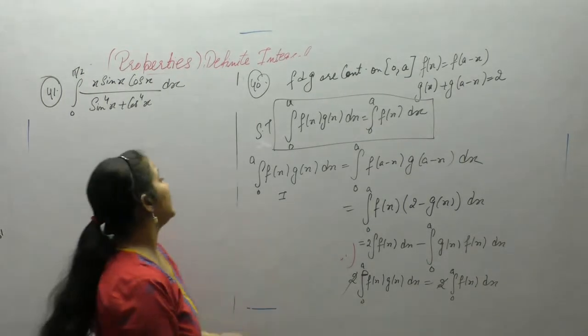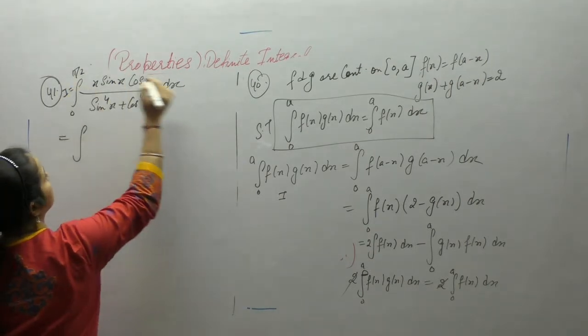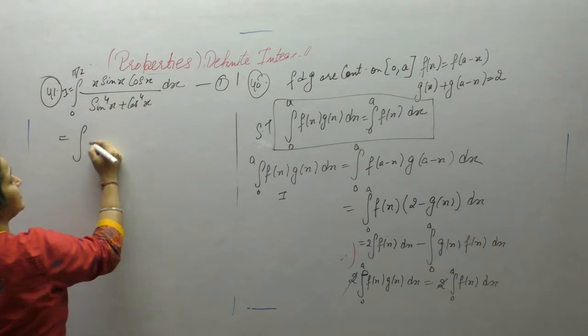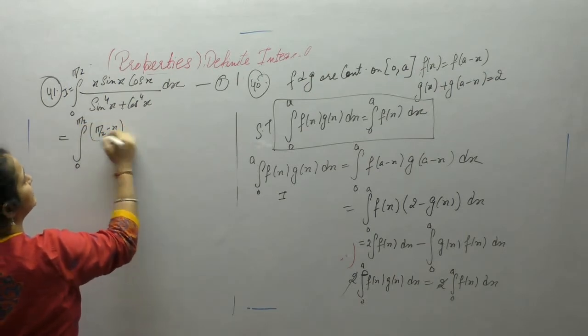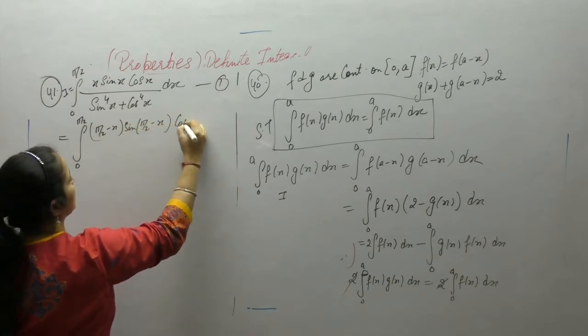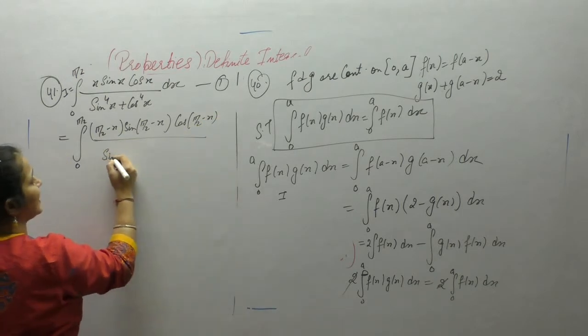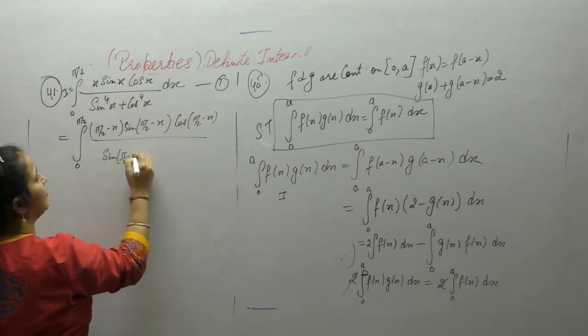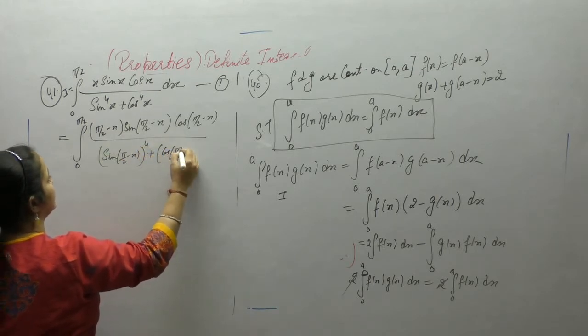Integral 0 to a f(x) dx is equal to integral 0 to a f(a minus x) dx. So we get (pi by 2 minus x) sin(90 minus x) cos(90 minus x) upon sin^4(90 minus x) plus cos^4(90 minus x).